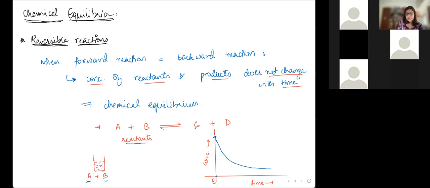Now let's look at C and D, the products. Use a different color, better. At time t equal to 0, what will be the concentration of C and D in this vessel? Rishit said 0.